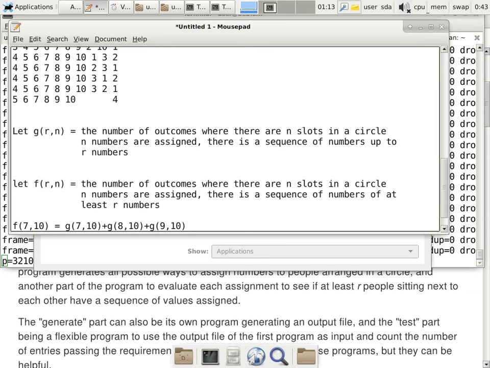Yeah. Well, it's not exact either because we can have shorter sequences. We can have sequences of less than r numbers. Because in this case, if you look at this particular case, we have a sequence of 7 to begin with, but we do have a sequence of 3 after that. Three, two, one is a sequence.